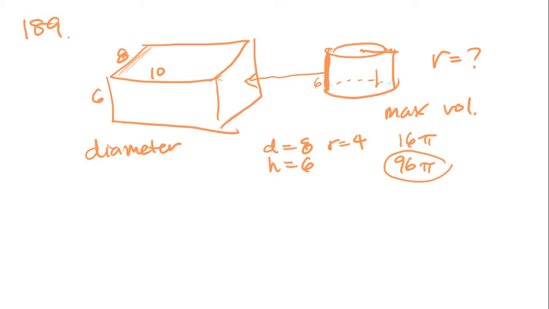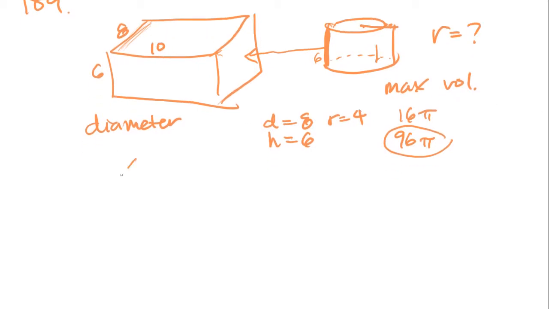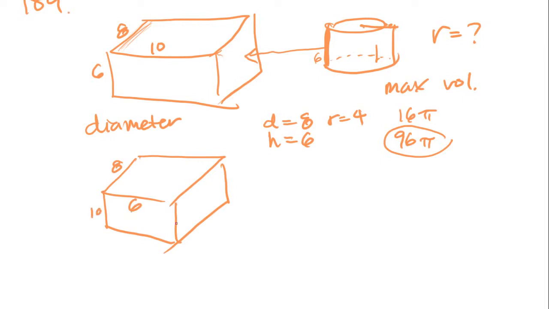The other way that we could insert this canister is if the box were drawn so that it was 8 by 6 by 10. In that case, this cylinder would have a limited diameter of 6, because 6 is now the short side.